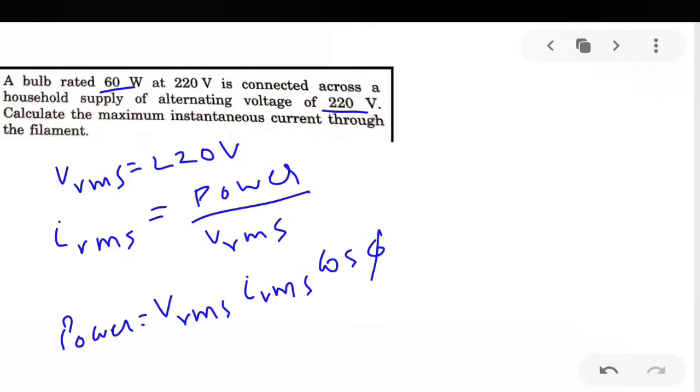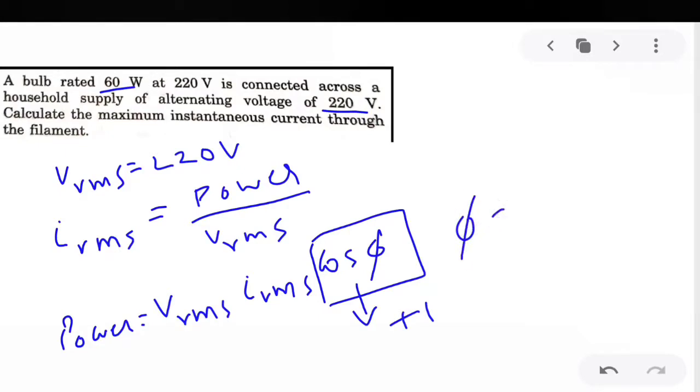Now for a purely resistive circuit, that is a circuit with only resistance, no inductance, no capacitance, the power factor is equal to 1, because phi, the phase difference between voltage and current, is 0 degree. So power is Vrms times IRMS.